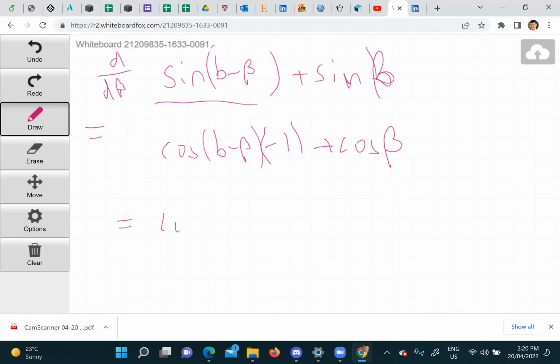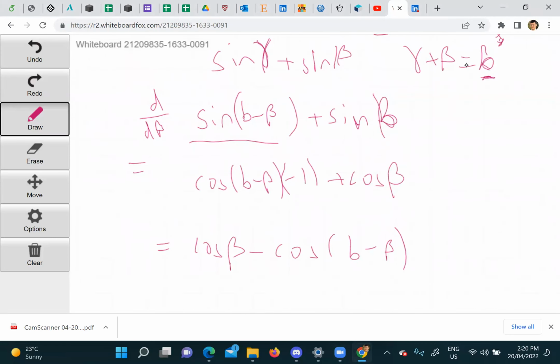This equals cos beta minus cos of B minus beta. What does this mean?